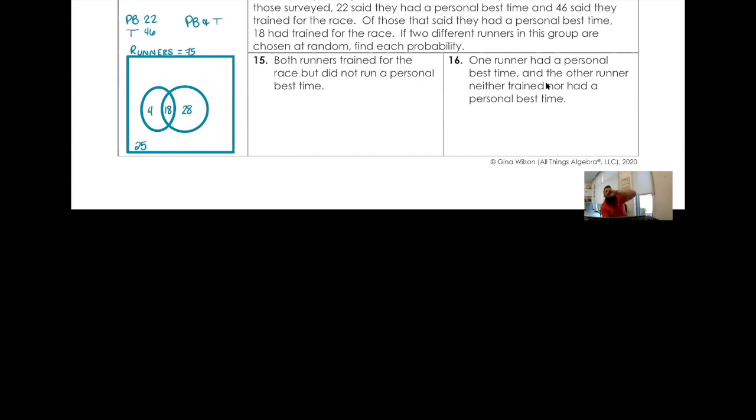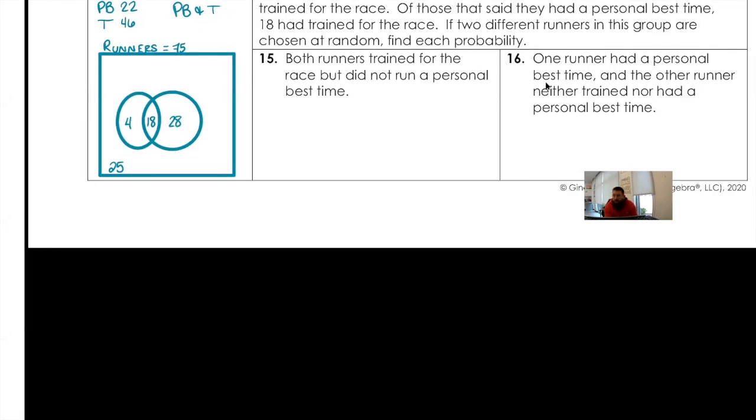All right, so what is the probability that the runners trained for the race but did not run a personal best? So how many total trained for the race but did not run a personal best? So we know that 28 individuals trained out of the 75. And then the probability that they did not run a personal best, we're saying, hey, 28 of those people only trained.